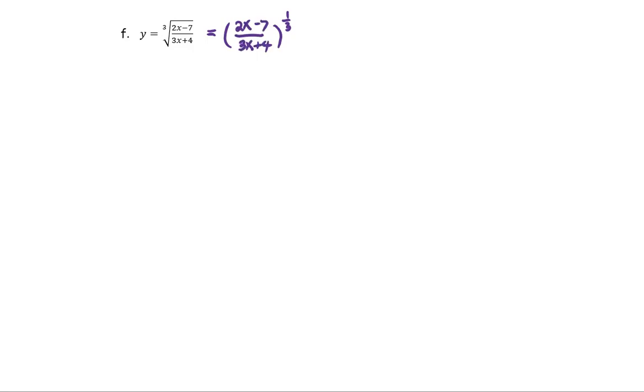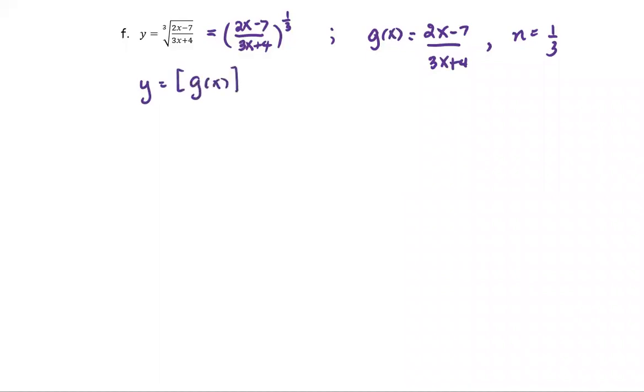So to find the derivative, we're going to use the general power rule, where the function g(x), which is the inner function, is in the form of 2x minus 7 divided by 3x plus 4, and the power n is 1 over 3. Or the other way, we can write y as the quantity of the function g raised to the power 1 over 3.